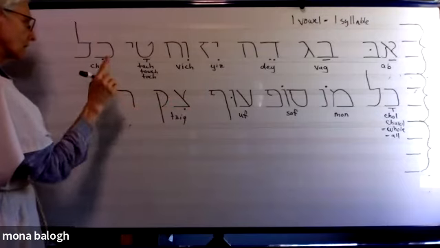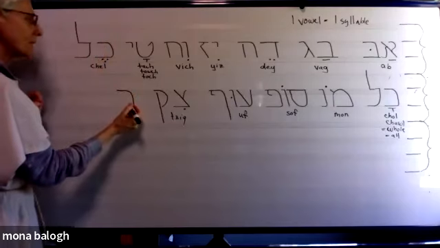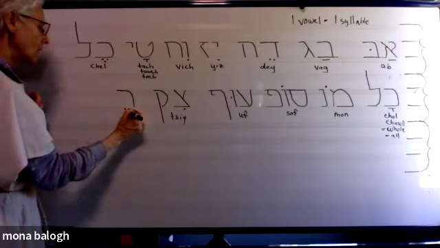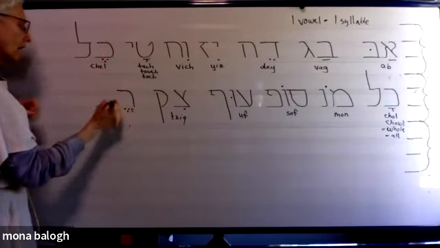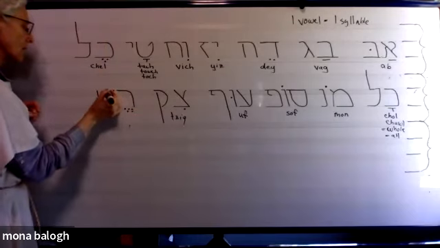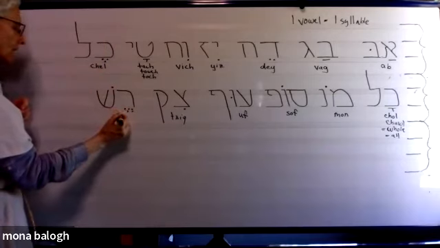We don't want to do the shva yet. Okay. Reish. Let's do a chatef segol. Okay. And sheen. Sheen. That spells resh.